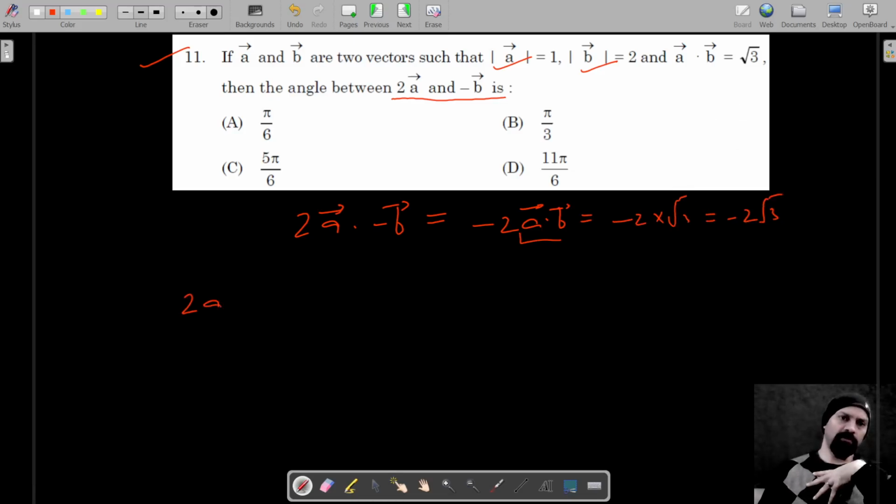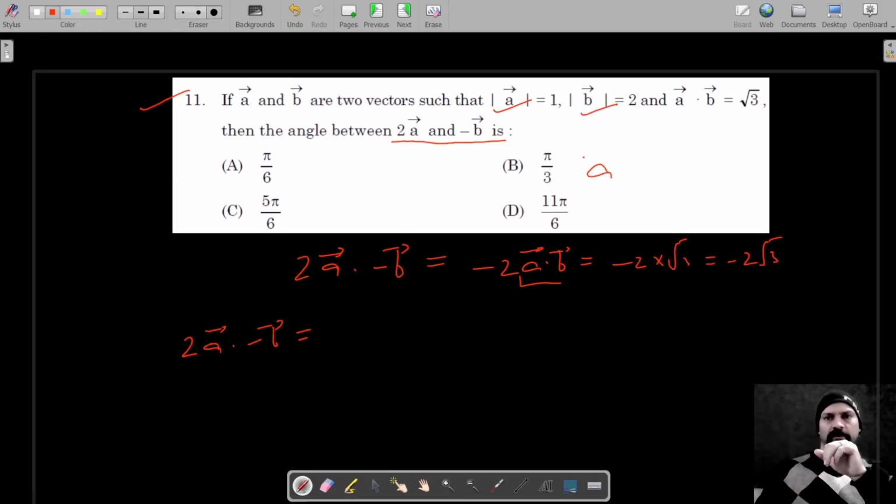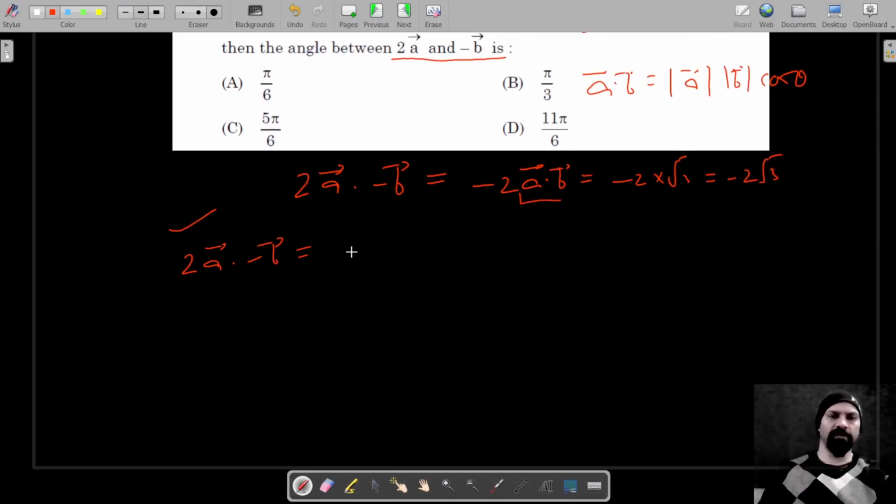We can use the alternate method, that is the dot product A dot B is equal to magnitude of A into magnitude of B into cos theta. So I can write this as magnitude of 2A into magnitude of negative B vector into cos theta.